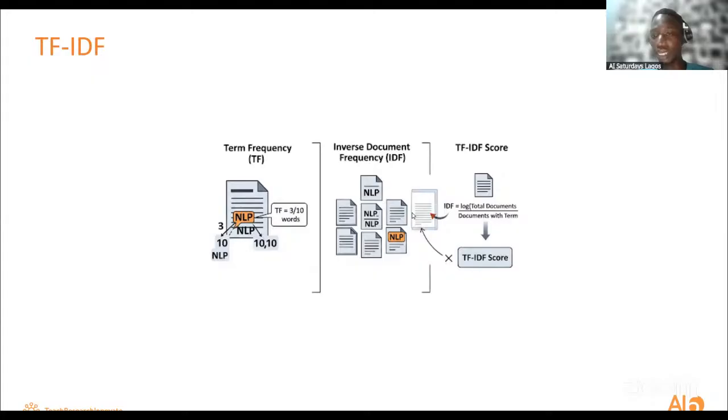For example, we have 7 documents in our database, right? So TF will check each document and each word and see what it is.